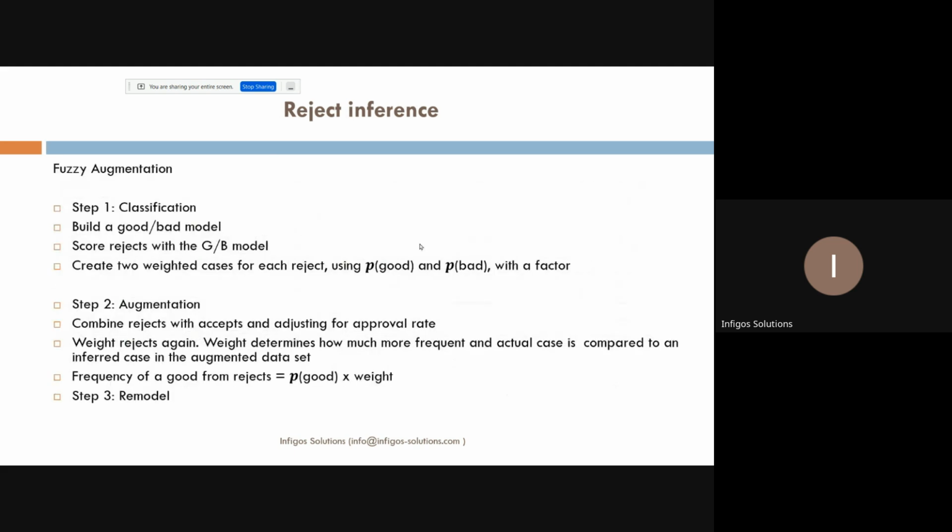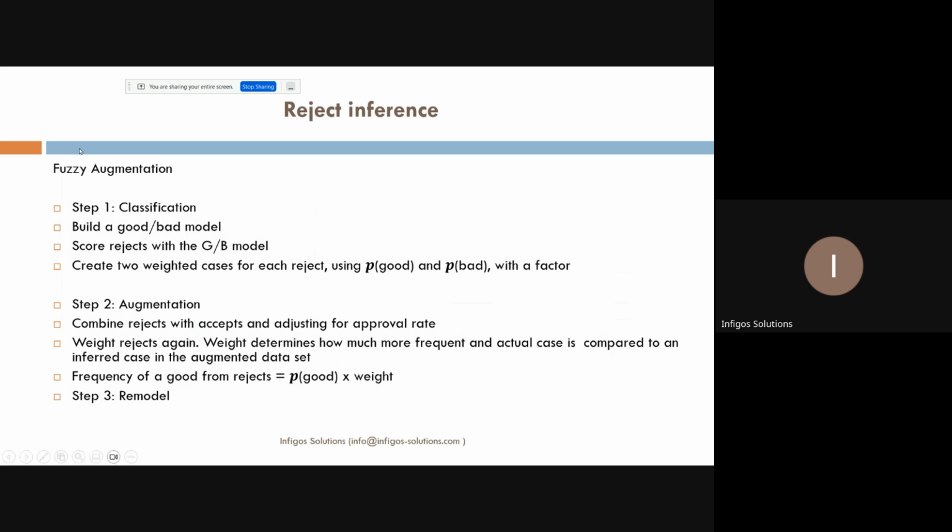Then you have fuzzy augmentation. In fuzzy augmentation, you make a good-bad model. Then you score the rejected, and then you assign a weight to each customer who has been scored based on the probability.